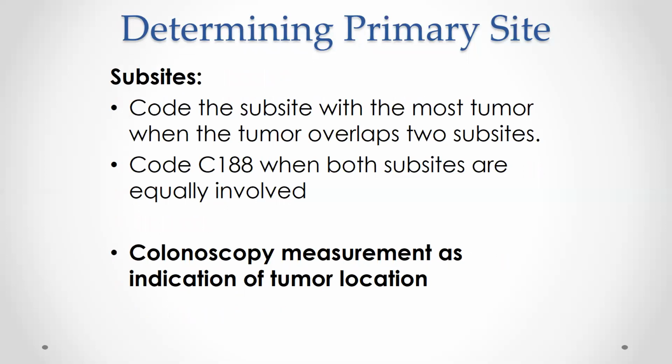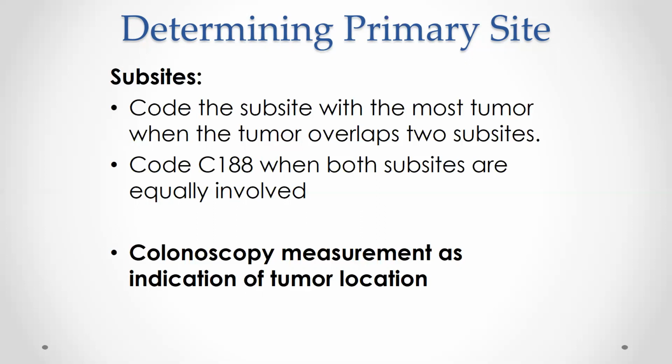Okay, so here's the guidance for coding the primary site in tumors which overlap colon subsites. Code the subsite with the most tumor if it can be determined, or code C18.8 when both subsites are equally involved. Like I said, you probably won't use the 0.8 code very often.